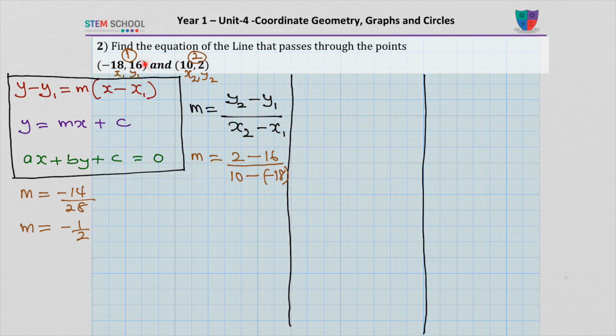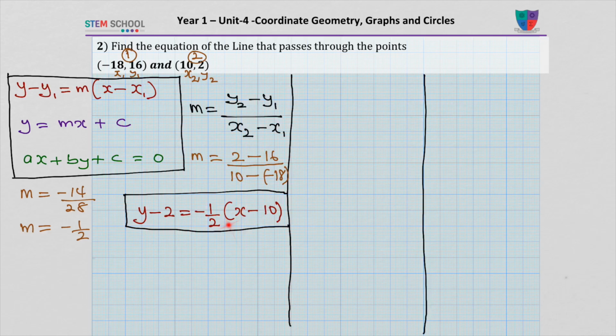Because they're all in a straight line, same gradient. So now plug in the values: y minus y1, which is 2, equals the gradient m, which is minus a half, open bracket x minus x1, which is 10. So now I've presented the equation of a straight line in this form.